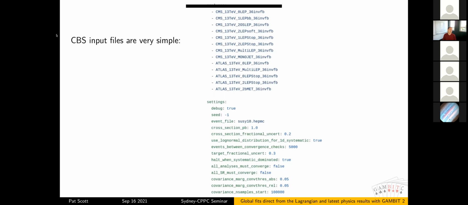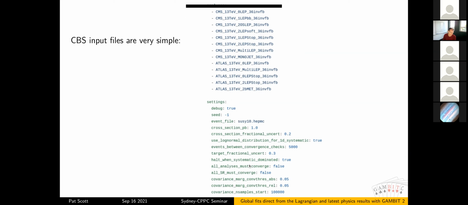The input file for ColliderBit Solo, or CBS, is quite simple. You basically list the analyses that you want to include. I don't know if you can see the top here, I can't because of the Zoom thing, but it basically just says analyses, and then you list the analyses you want. Then you list the different settings.